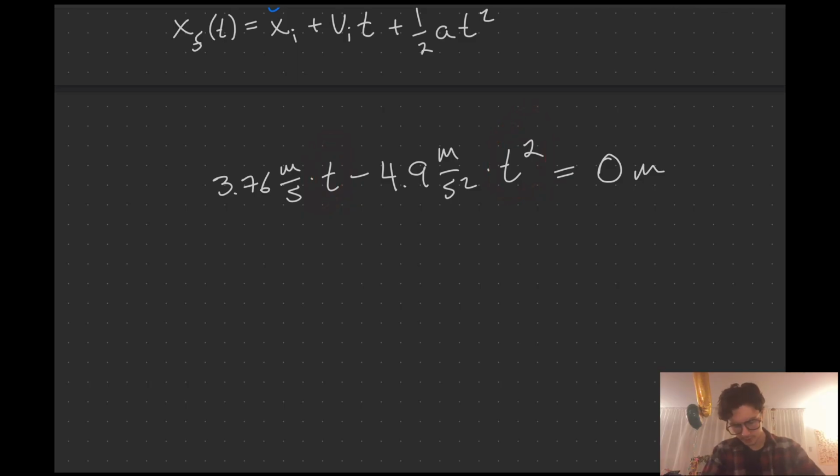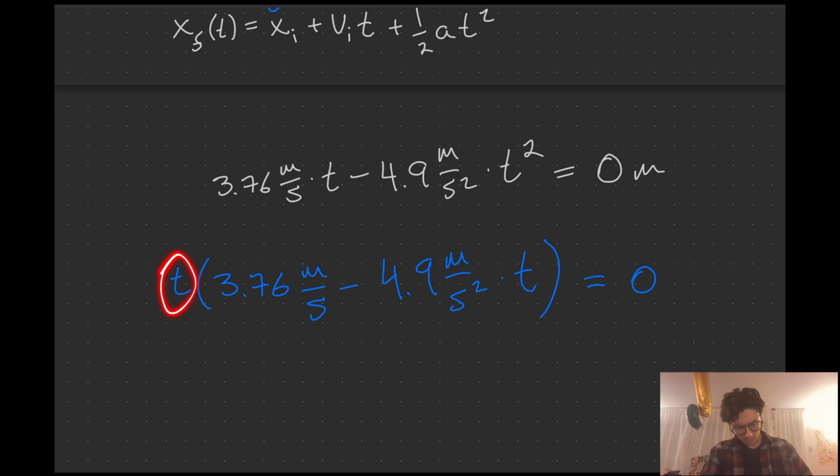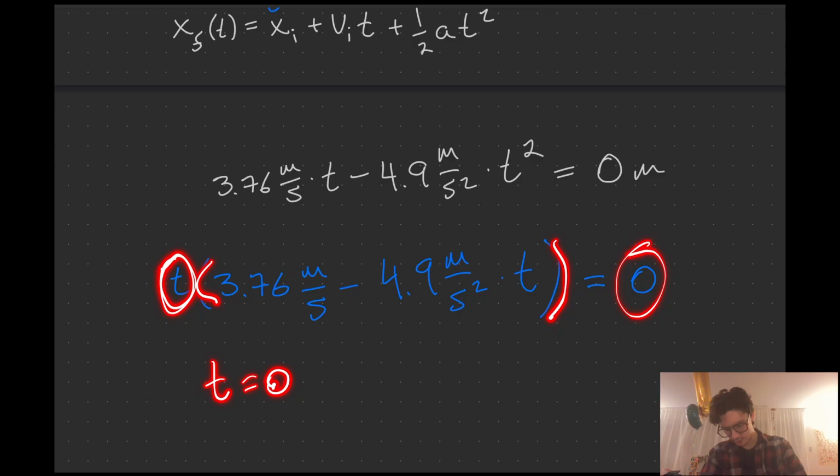How do we do this? Well, first thing I think about when I see something like this is factor out a t, because we can do this. Meters per second minus 4.9 meters per second squared times t, right? And then when is this equation equal to 0? There's one scenario when t is equal to 0, this is 0, and whatever is in here, this entire equation will equal 0.